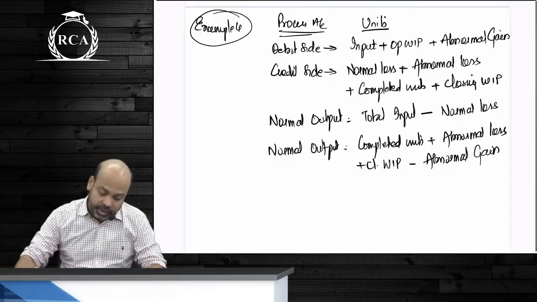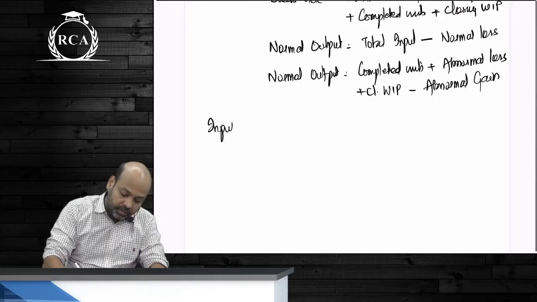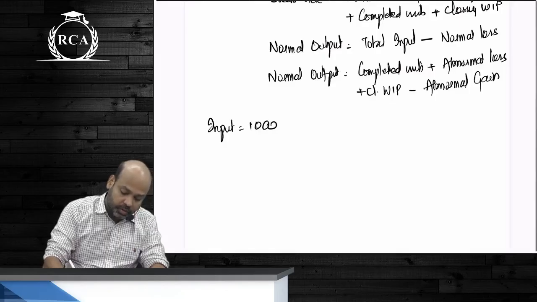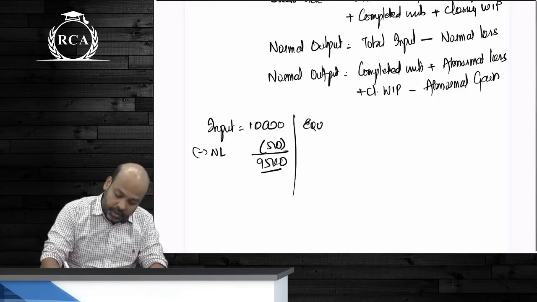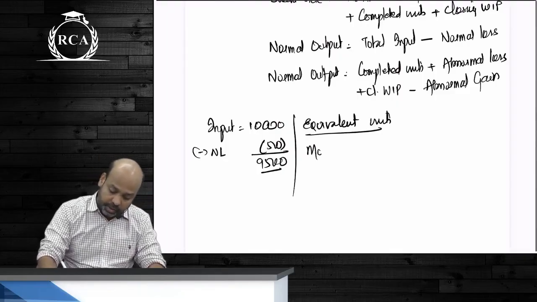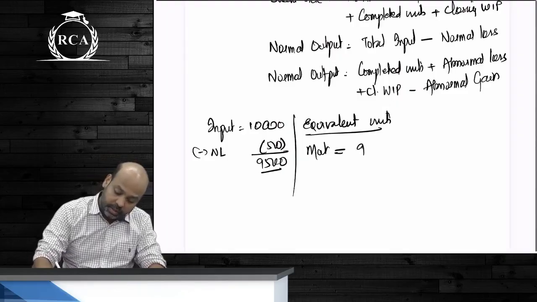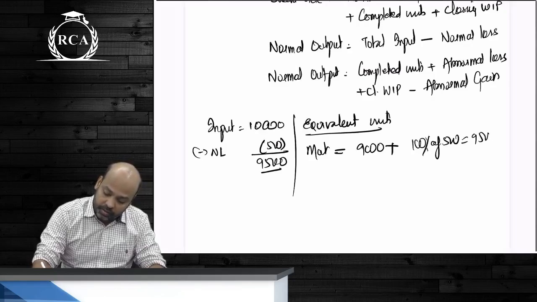Now in our case, input is 10,000 units, yes or no? Normal loss is how much? 500 units. So this should be 9,500, but when you write equivalent units, instead of writing like this, I will write for material 9,000 completed units plus 100% of how many units? 500 units, closing work in progress.